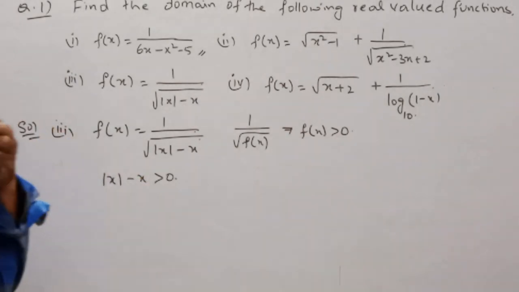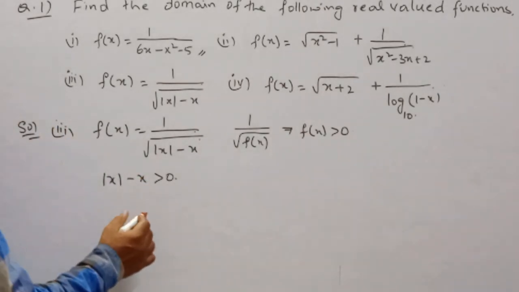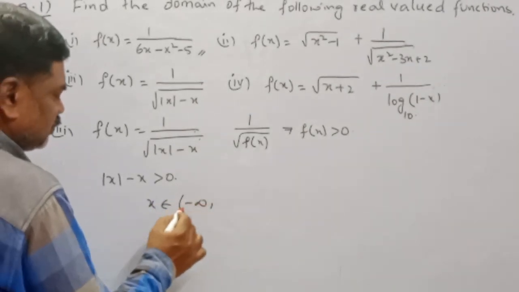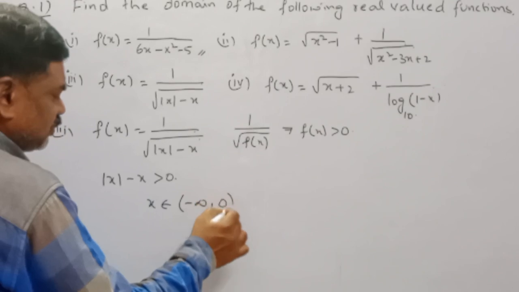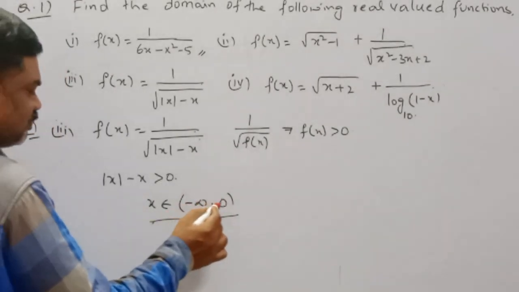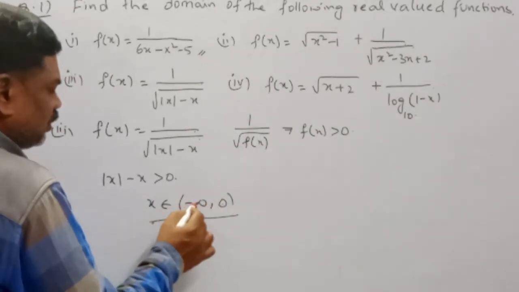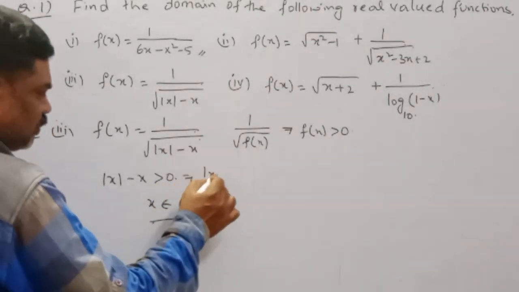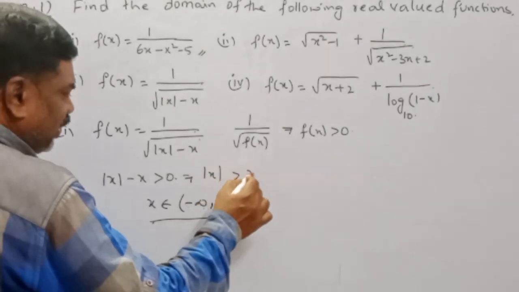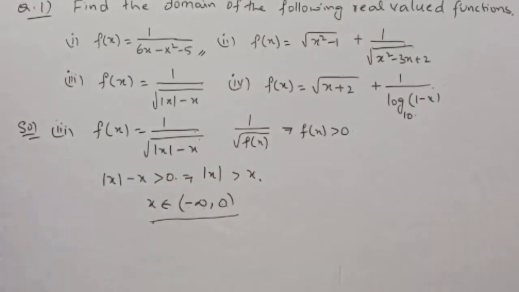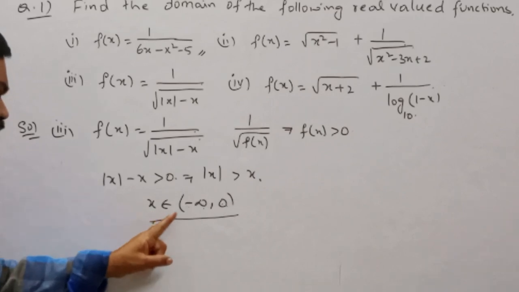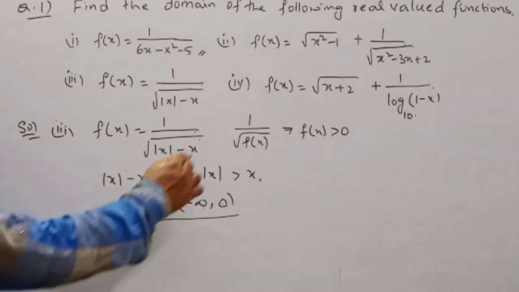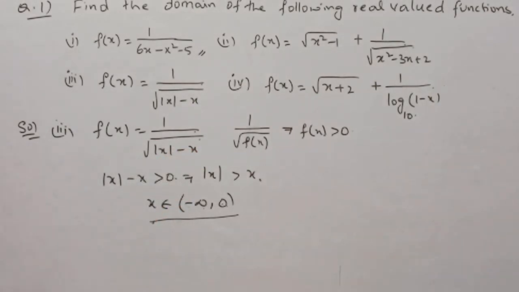When mod x minus x is greater than 0, x belongs to minus infinity to 0. If x belongs to minus infinity to 0, this implies mod x greater than x. Then x belongs to minus infinity to 0 is the domain of this function f of x. Okay, all of you? That's all.